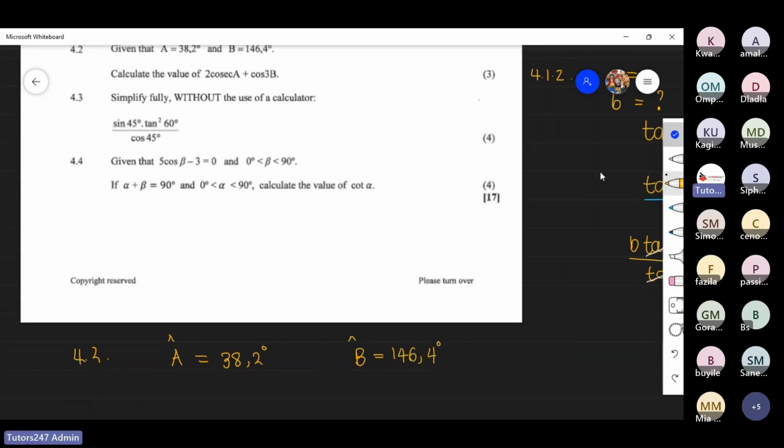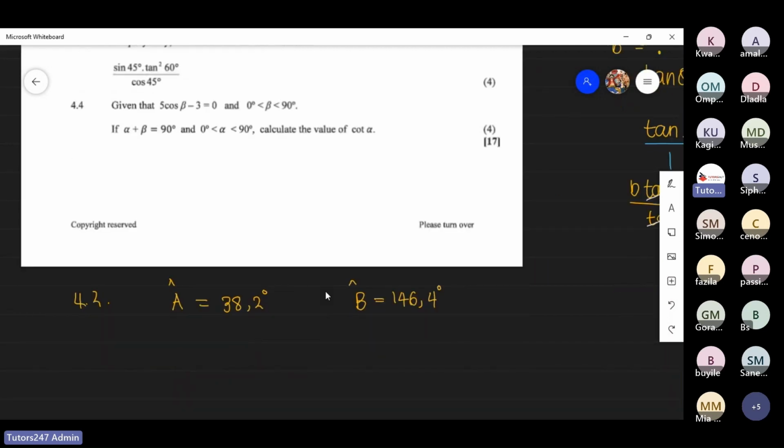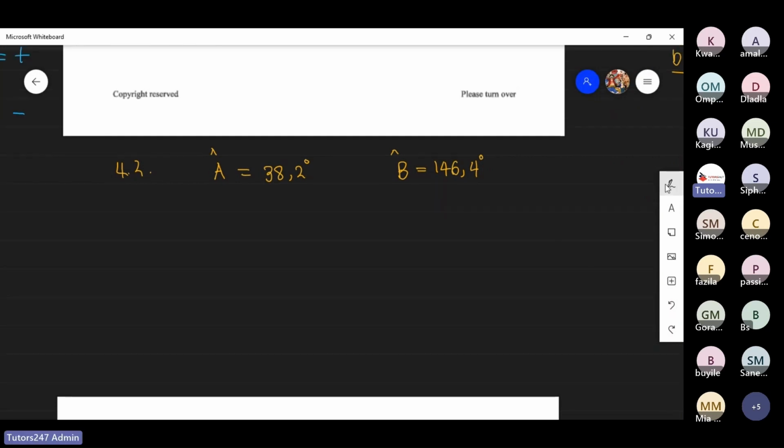Now, from there, we need to substitute that into 2 cosec A plus cos 3B. So let's have a look at that. Now, our equation is 2 cosec A plus cos 3B.